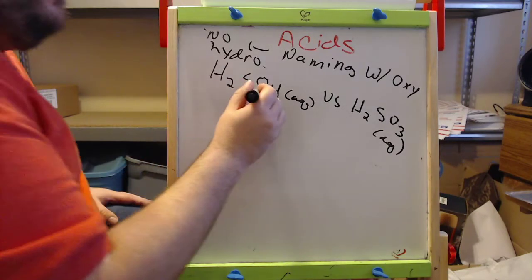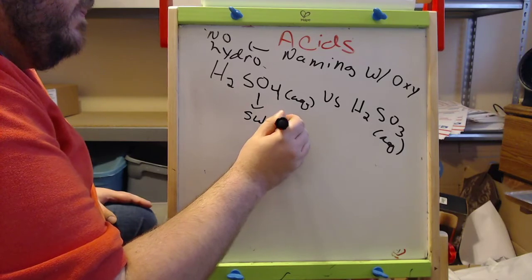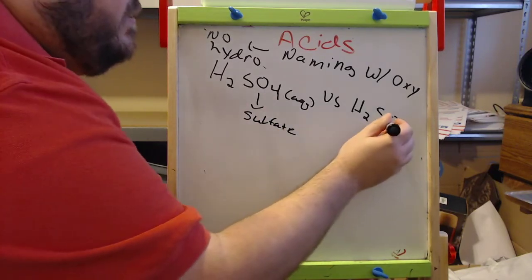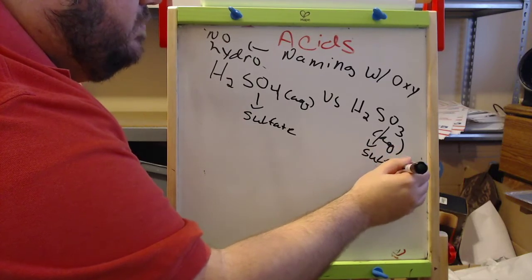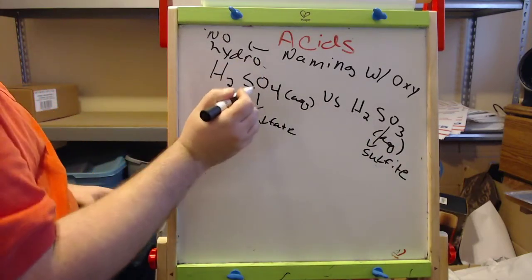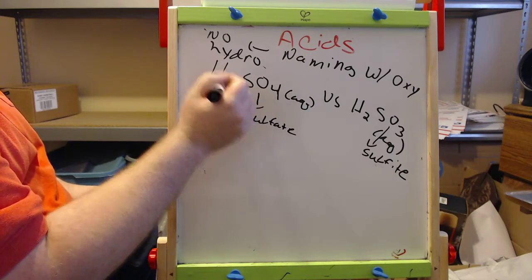All right, so we need to remember that this is sulfate and this is sulfite. Just to point out, the one with sulfate is a strong acid. The difference is 4 minus 2 is 2.